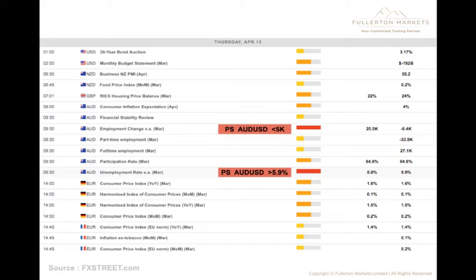So if the number falls short of expectation, comes in lower than 5K, it is considered a bad number. And of course, unemployment rate is expected to be 5.9%. So if the unemployment rate goes up higher than 5.9%, it is bad news for the Aussie as well. So we have seen that the employment numbers are actually in a downtrend.